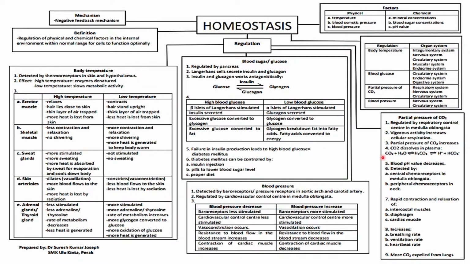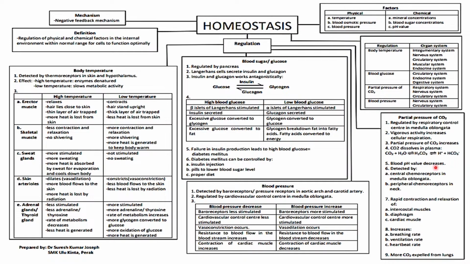Carbon dioxide will dissolve in water to form carbonic acid, which breaks down to hydrogen ion and bicarbonate ion. So when you have hydrogen ion there, the blood pH value will decrease, meaning it becomes more acidic.